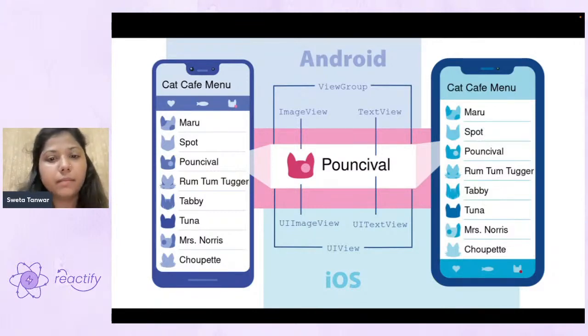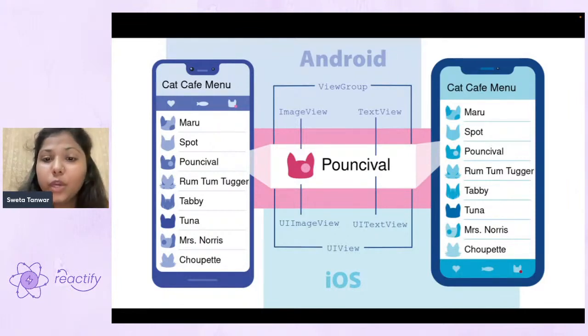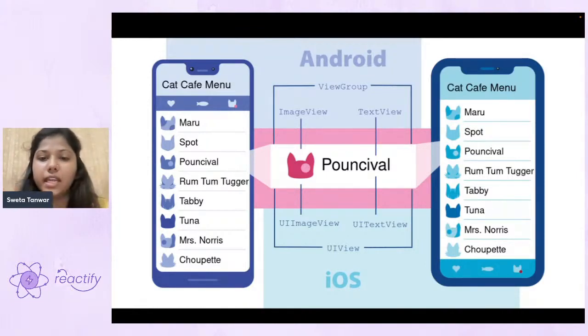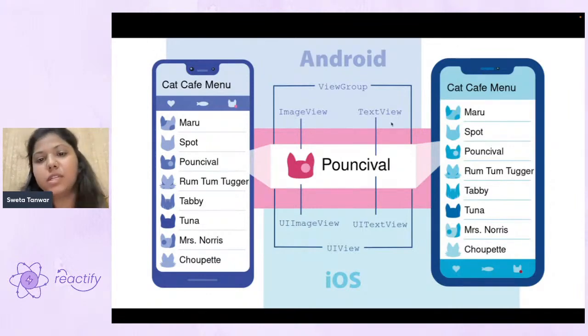In iOS development, you use Swift or Objective C. But with React Native, you can invoke these views with JavaScript using React components. At runtime, React Native creates the corresponding Android and iOS views for those components. Just as you can see, the view was mapped into the ViewGroup, the image was mapped into the ImageView, and the text was mapped into the TextView.